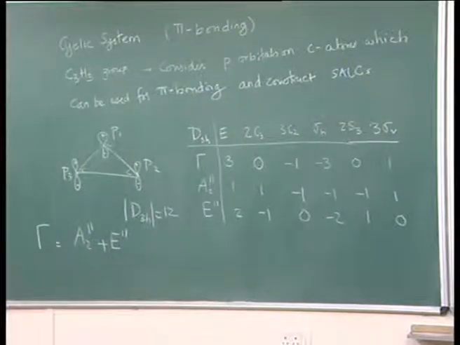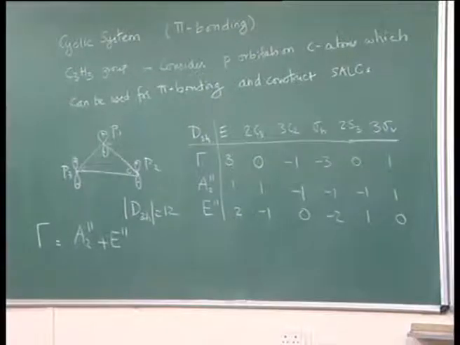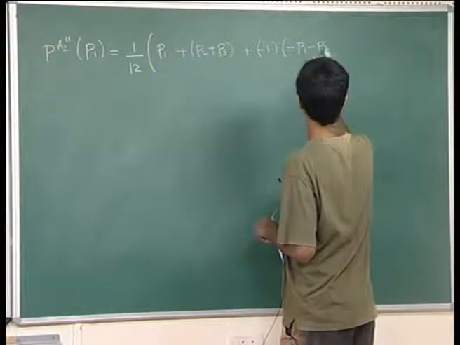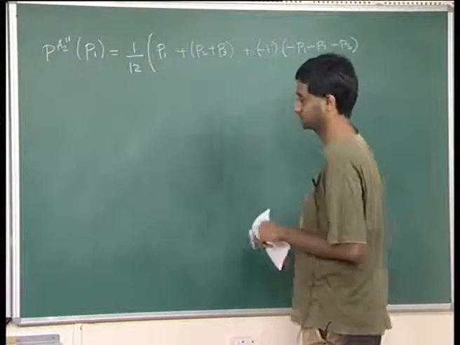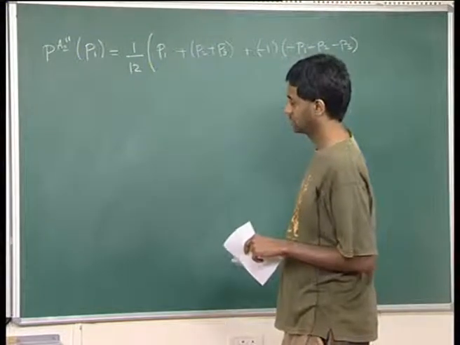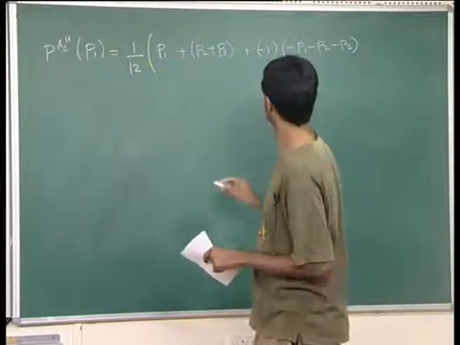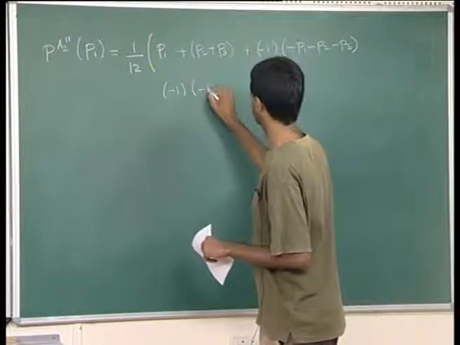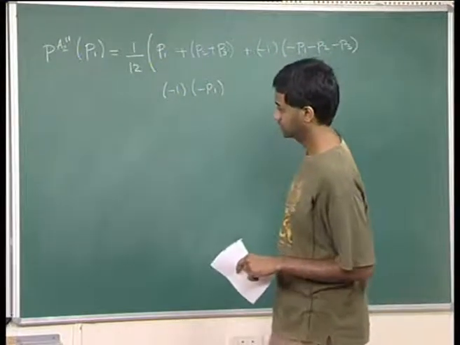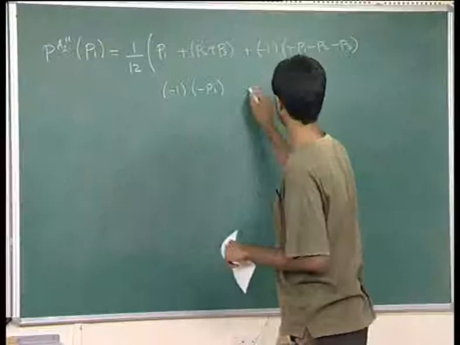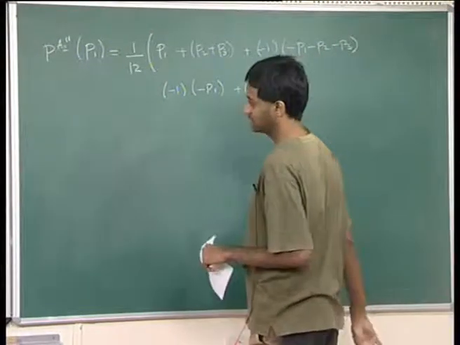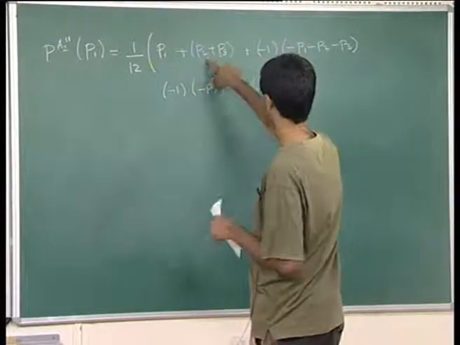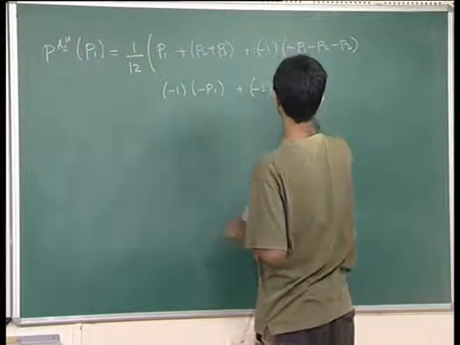The three C2s will take P1 to minus P1, minus P2 and minus P3. Sigma h, then you have minus 1. Sigma h will take P1 to minus P1. And then S3 corresponds to C3 followed by sigma h. So, you will get minus P2 minus P3.